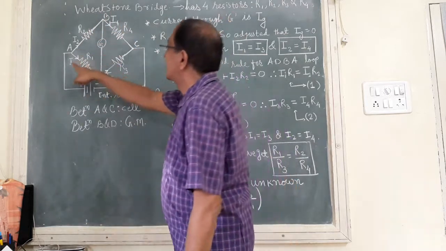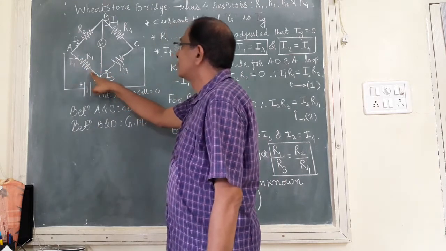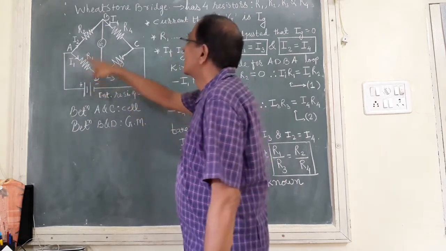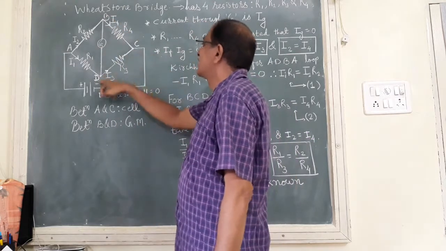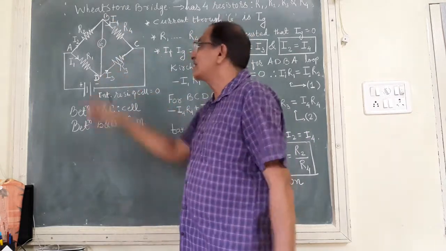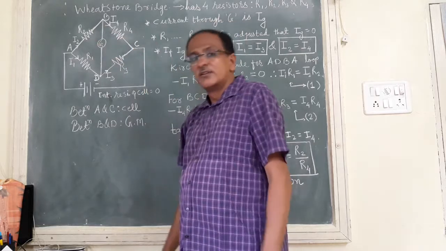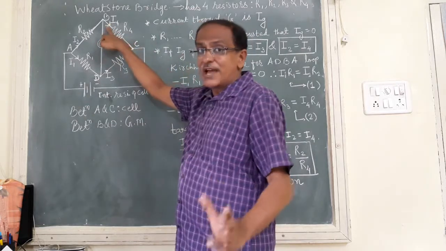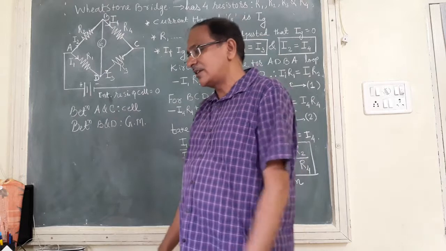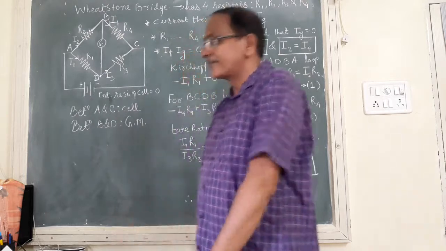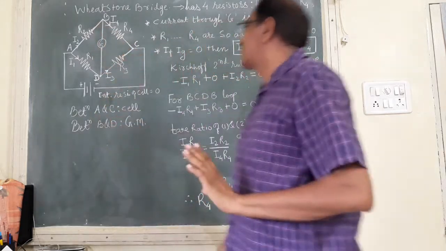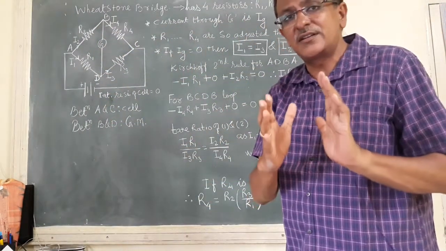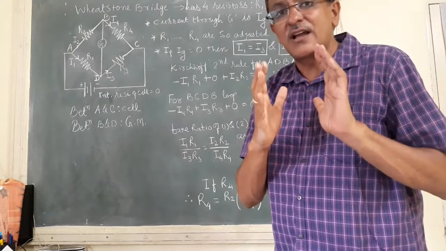Say current I1 is passing through R1, current I2 is passing through R2, current I3 is passing through R3 and I4 current is passing through the resistor R4. Current Ig is flowing through this galvanometer.